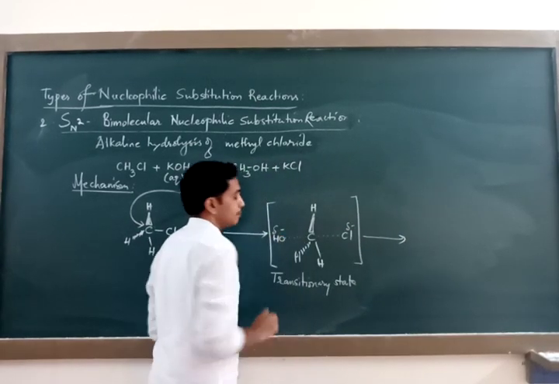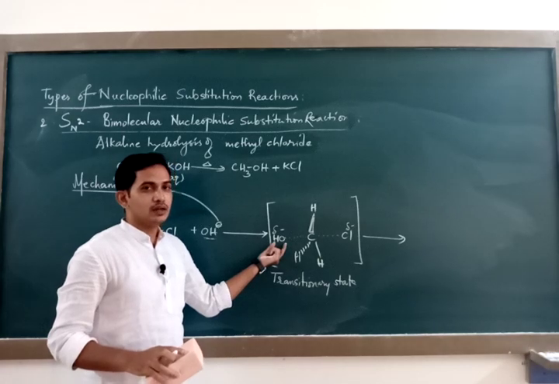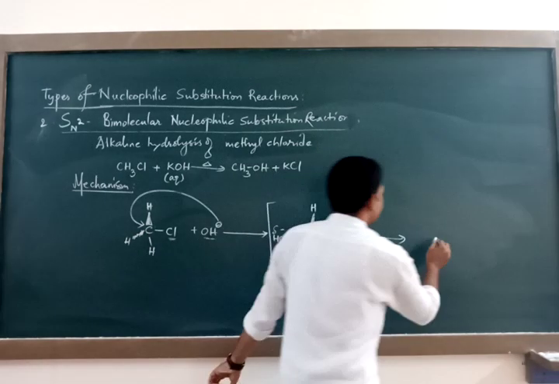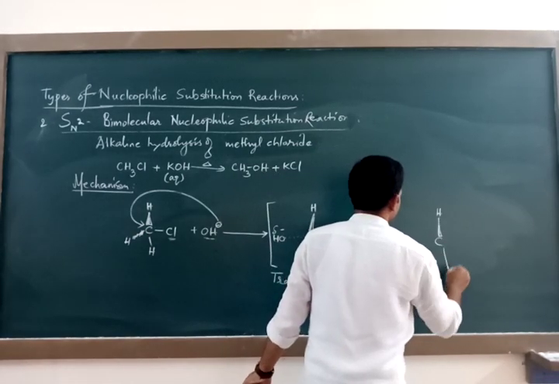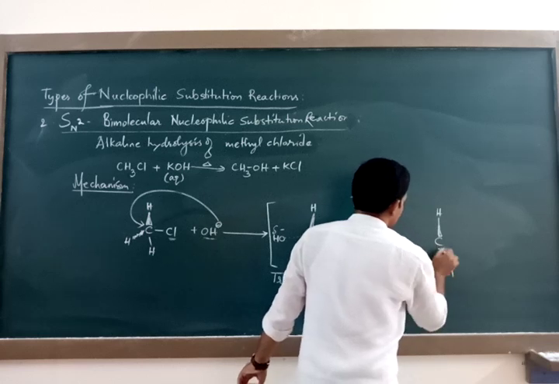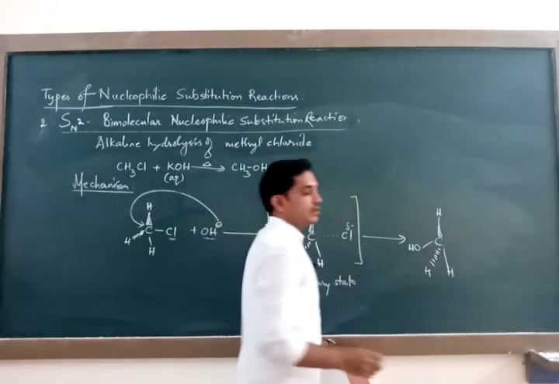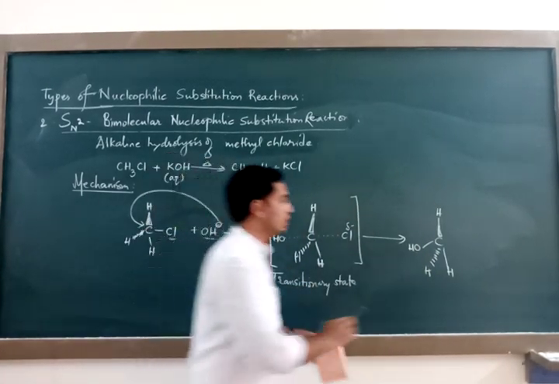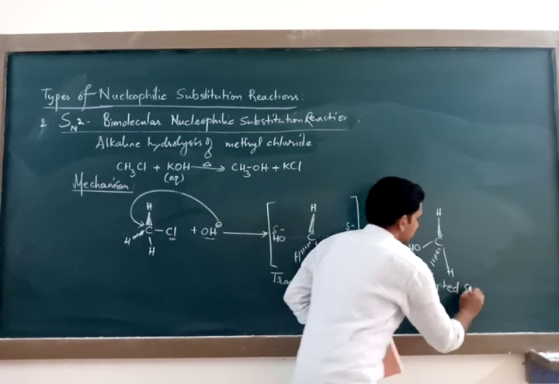Both carry partial negative charge, but slightly its nucleophile quantity is more compared to chlorine. Therefore you will get a product wherein you will have inverted configuration, meaning because OH is attached from the backside, we call that inverted configuration.